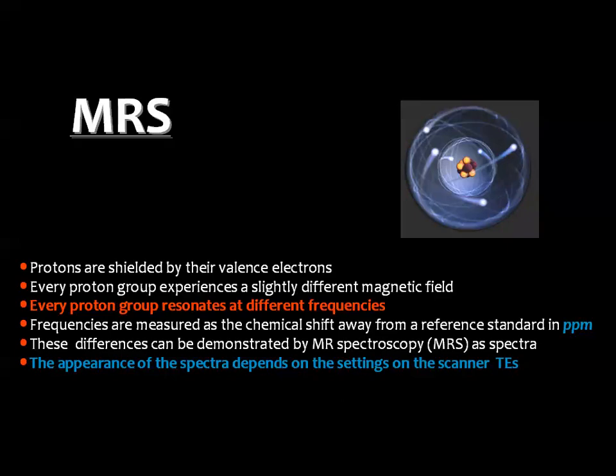Then, in order to demonstrate these very small resonances for each metabolite, we use the setting of MR spectroscopy, applying an external magnetic field to make some little change in the resonances of the different proton groups, so that we can sample these groups via the MR spectroscopy.